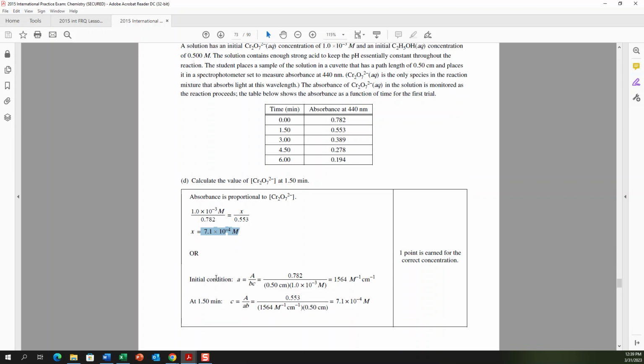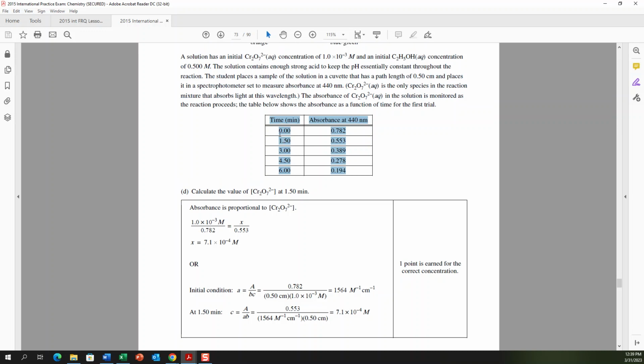But remember, you could also do Beer's law, A equals abc, but you're going to have to calculate the molar absorptivity. One way to calculate the molar absorptivity is graph this and find the slope of the line, and that's the molar absorptivity. Or, because again we have those initial conditions, we have an absorbance value and we have the initial molarity. So we have the concentration, we have the absorbance, and we have the path length.